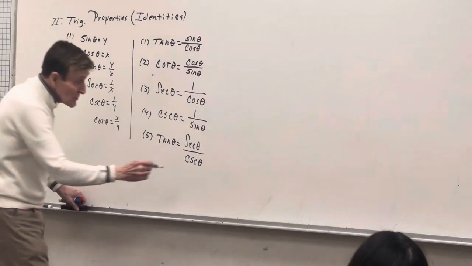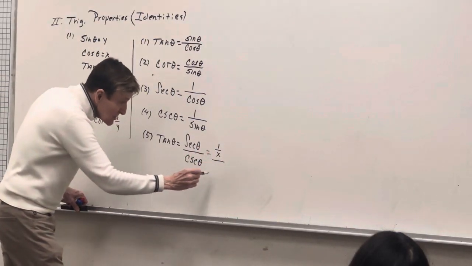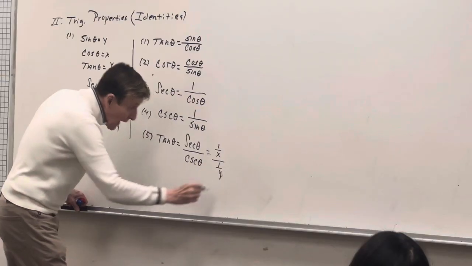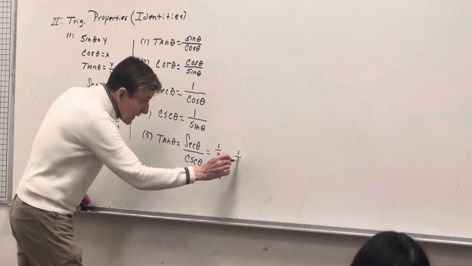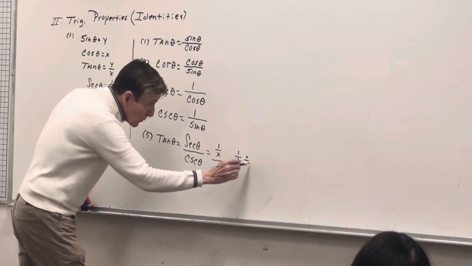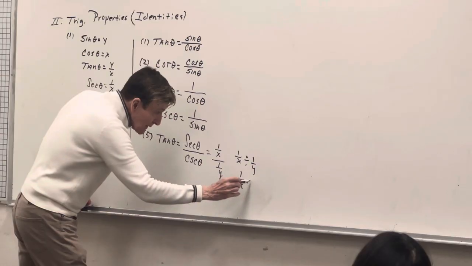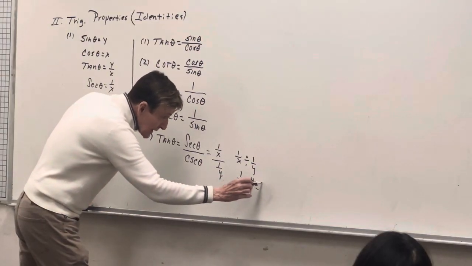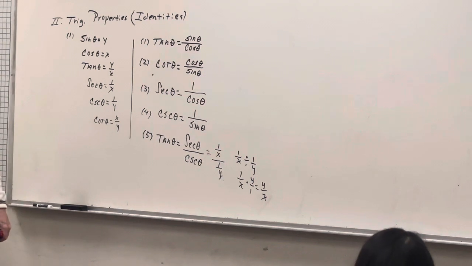Secant is equivalent to 1 over x. She gave me cosecant, which is 1 over y. She's saying, Professor, that says 1 over x divided by 1 over y, which means what? 1 over x times what? y over 1. Does that give you y over x? And is that tangent? Look at that.